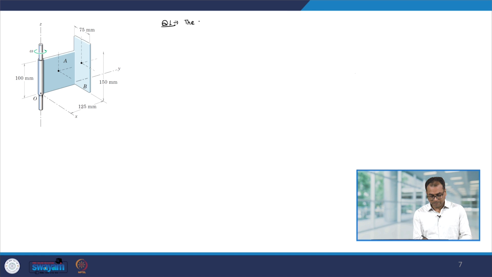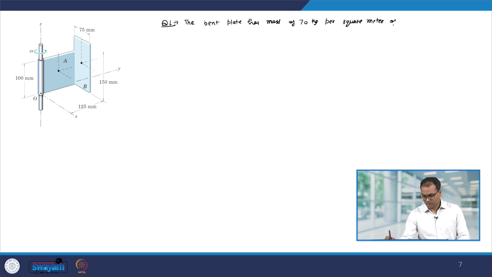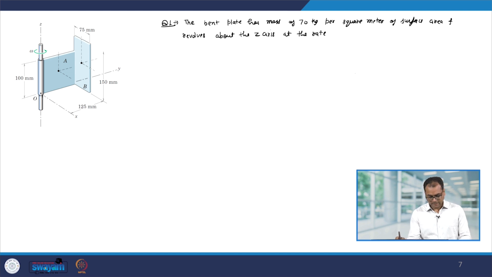The bent plate has a mass of 70 kg per square meter of surface area and revolves about the z axis at the rate omega equal to 30 radian per second.